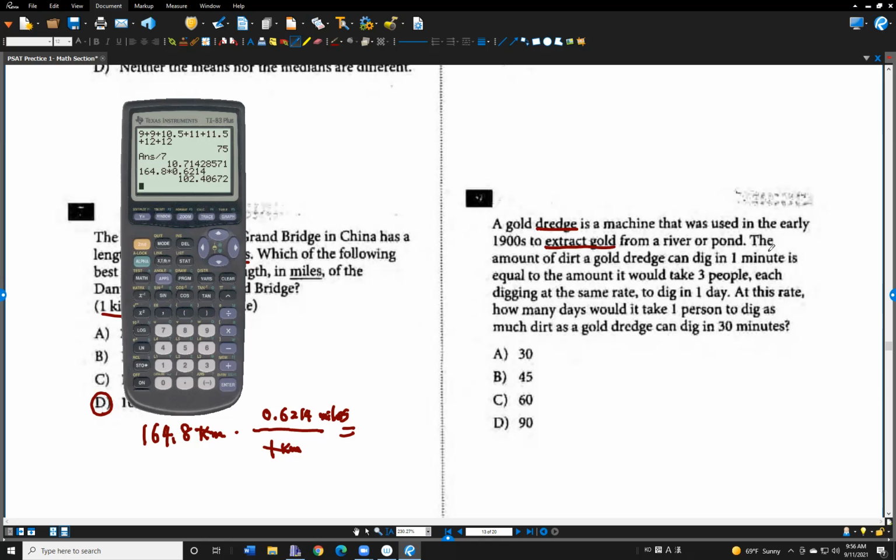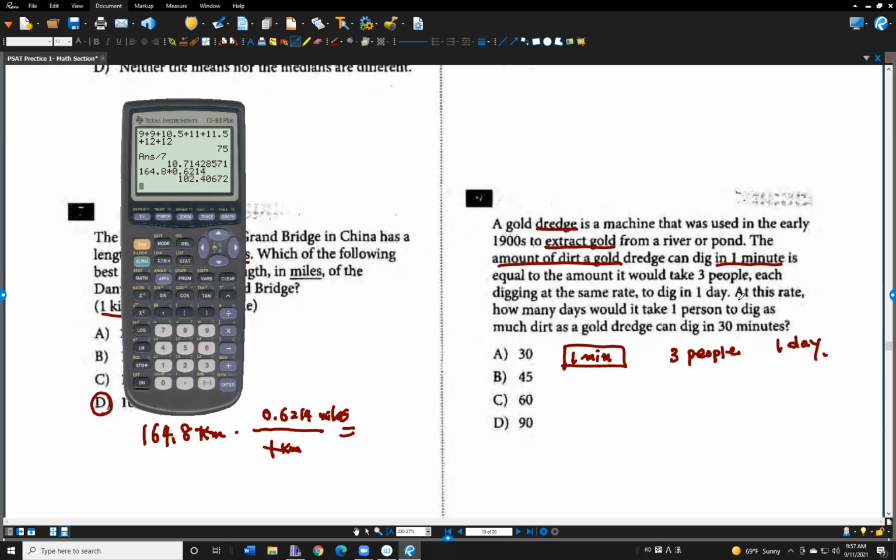The amount of dirt a gold dredge can dig in 1 minute takes about 3 people, each digging 1 day.